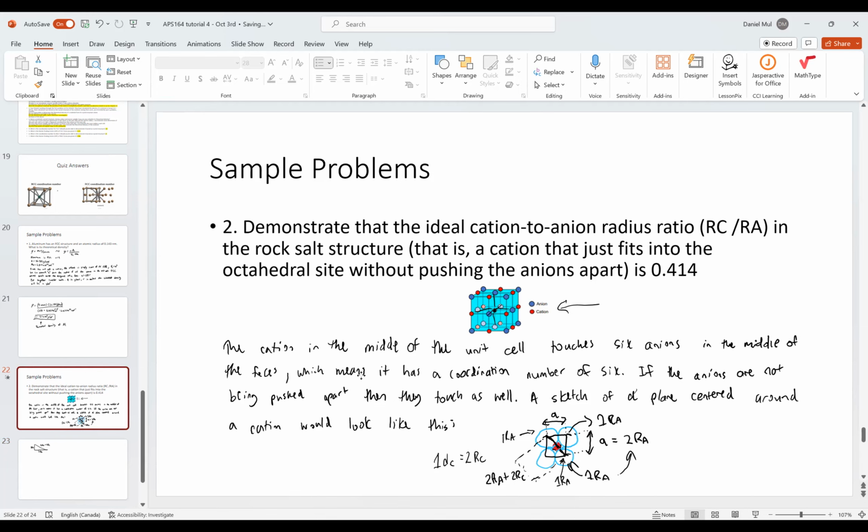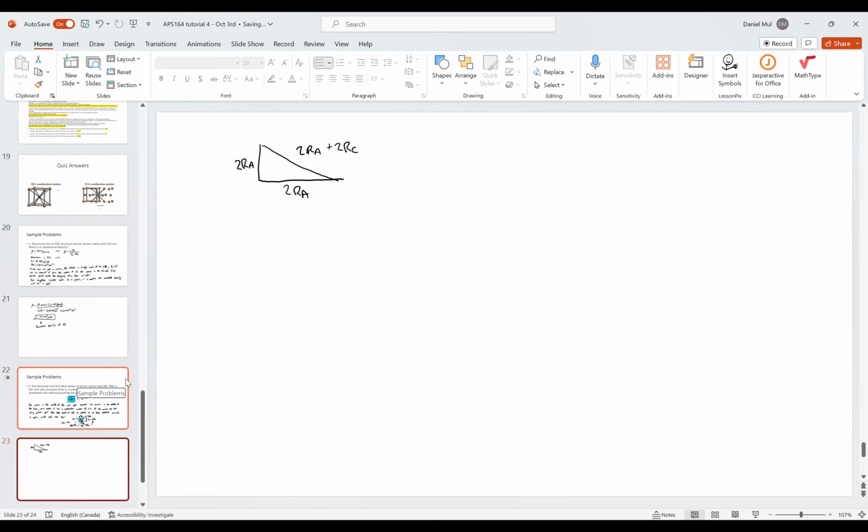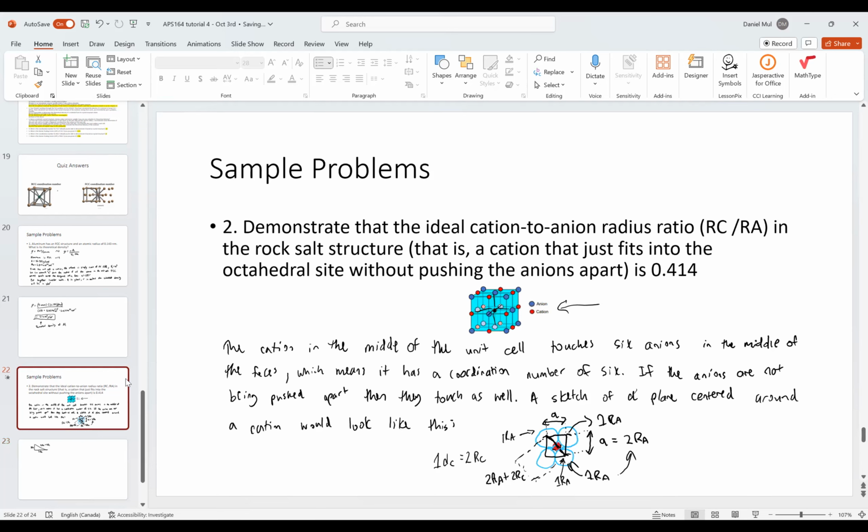I don't think I can move it. But basically, we have A here, and this A is 2 RA. Then we have 2 RA there, and then we have that diagonal. So we're building this triangle here.